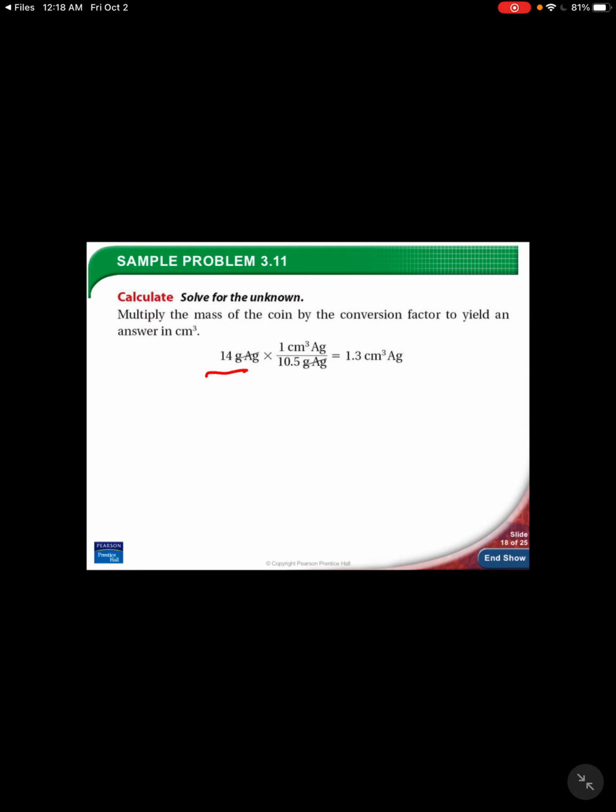And what they've done is rearranged this density so that their grams of silver cancel, and they get 1.3 cubic centimeters of silver.